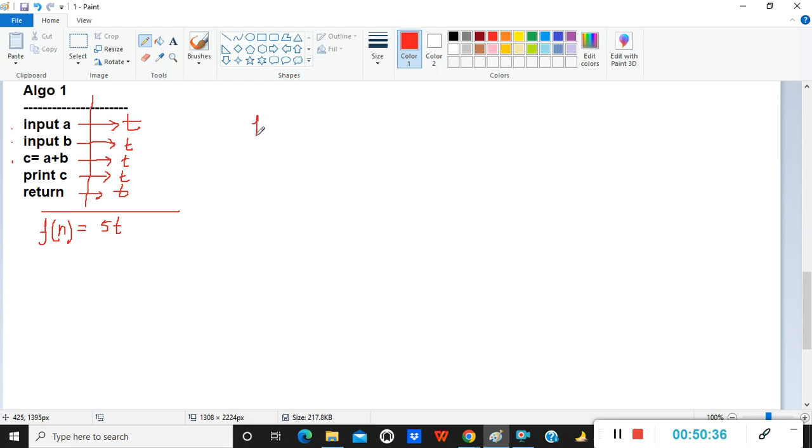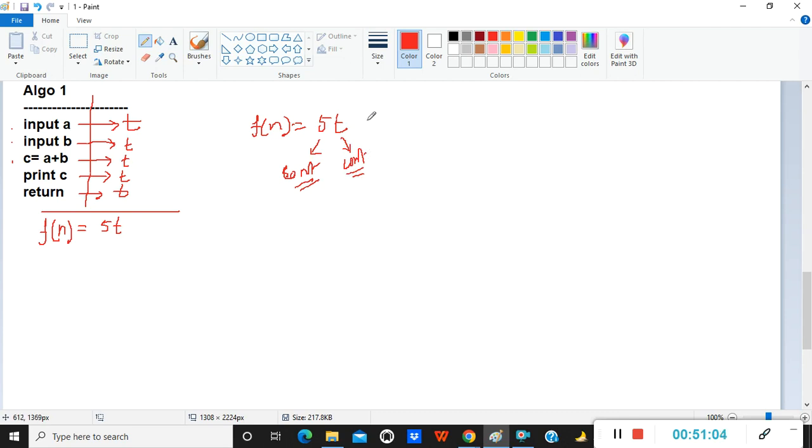Now I am writing this here: f(n) equals 5T. Here 5 is a constant, obviously. What is T? T is also constant, because we are designing the algorithm for the universal machine.